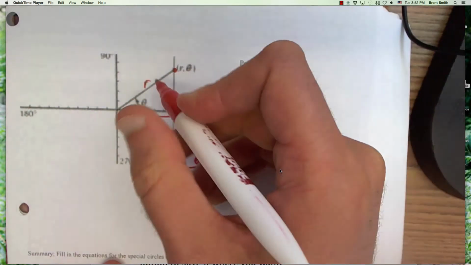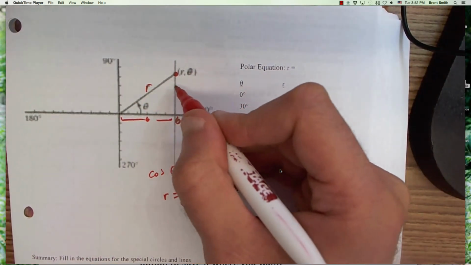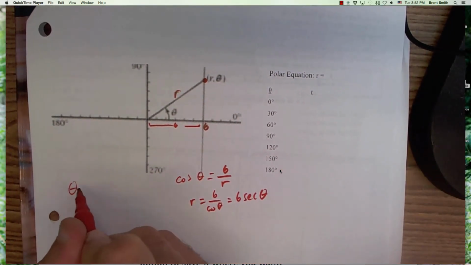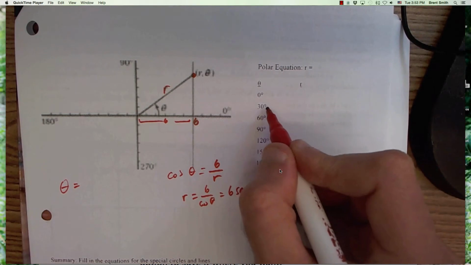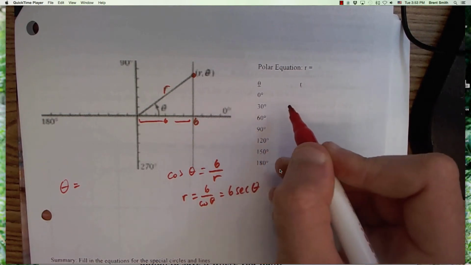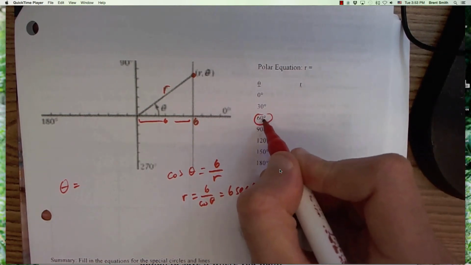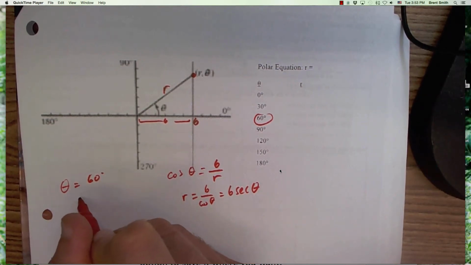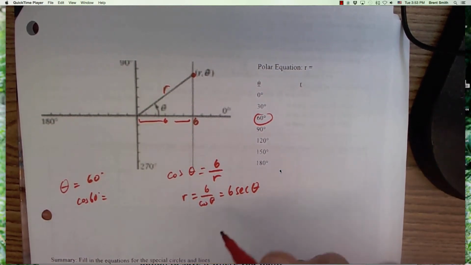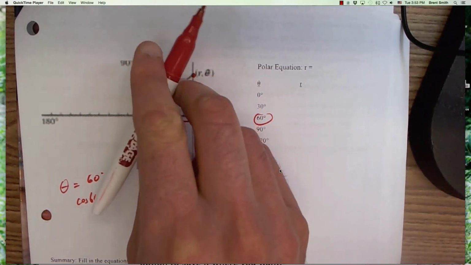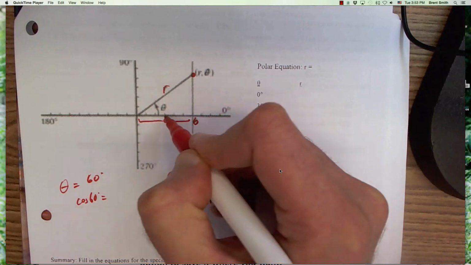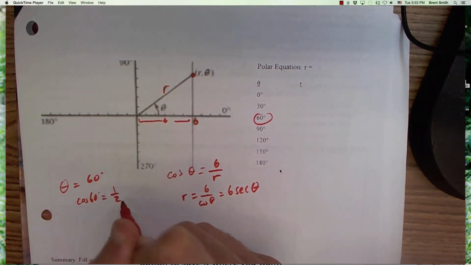It's really kind of interesting, but if you think about it, let's just pick a few of these. Let's let theta equal 60 degrees. So if theta equals 60 degrees, think about cosine of 60 degrees. That's going to be the smaller one, so it's going to be 1/2.